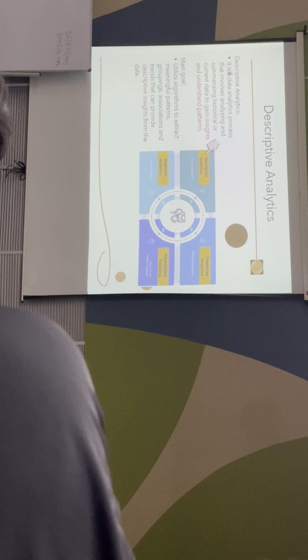So for example, we have a few applications of association rule. The first one is market basket analysis. You can identify the products frequently purchased together to optimize sales strategy.